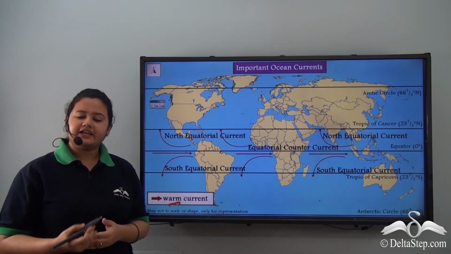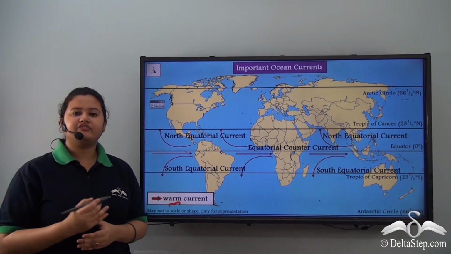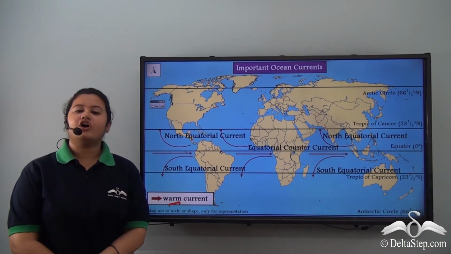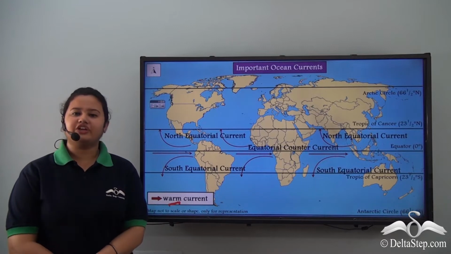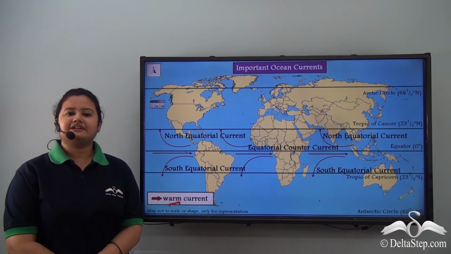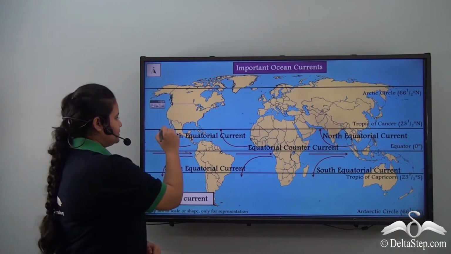That is, they raise the temperature of places over which they blow. So these warm currents have a warm influence on regions over which they flow. Now first let us deal with the north equatorial current.